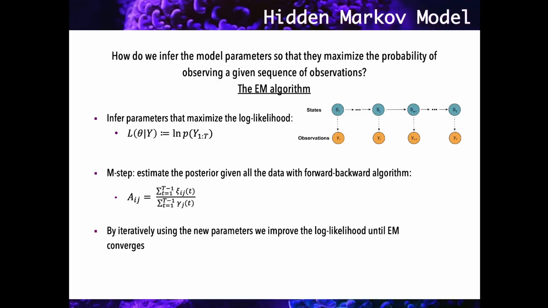I cannot explain here why this algorithm converges because I wouldn't have time to show you that. But the truth is, this algorithm will, in this manner, make sure that we improve and we end up with the best set of parameters that explain our data. And this way we can infer the best set of states.